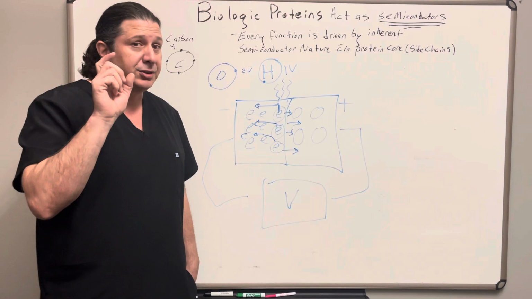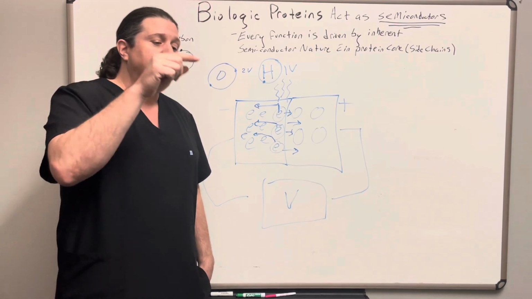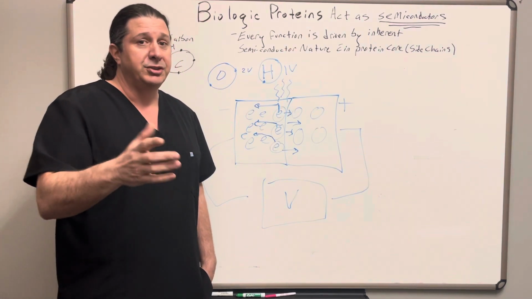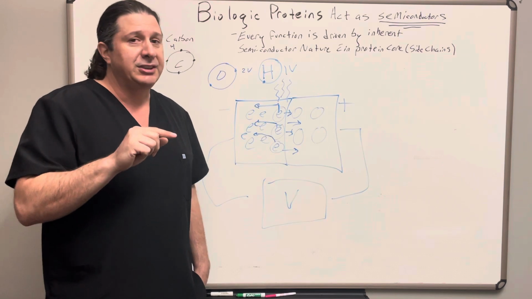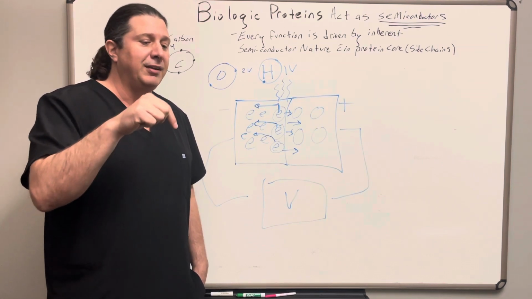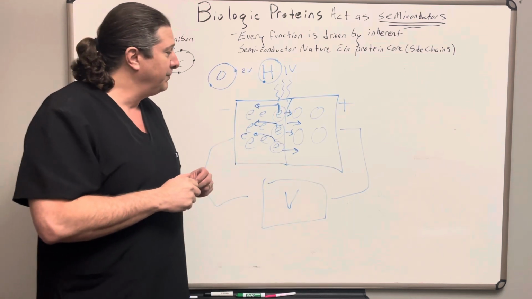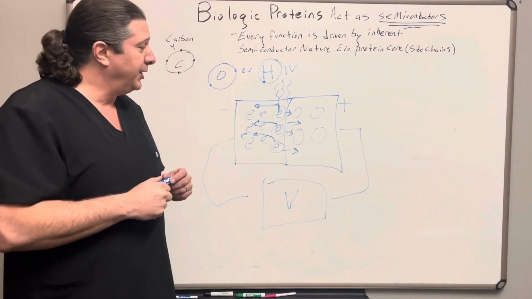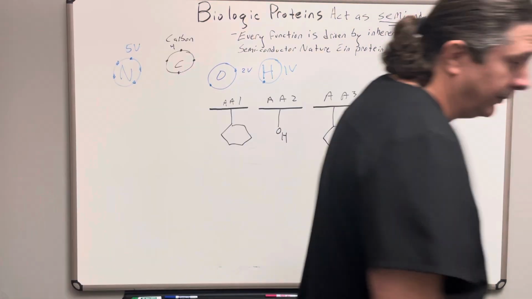So semiconductors within the pigment are taking in that charge separation, then they're transferring that charge separation into those beta-pleated sheets I was talking about a minute ago. Those beta-pleated sheets are going to be organized in such a way that they create a specific biologic frequency that goes into the system. So I'm going to do another drawing here. I'm going to take a pause, clear this up, and I'm going to set something else up here for you to see.